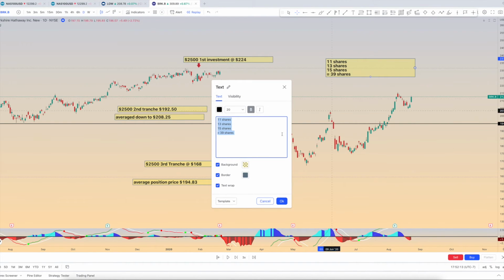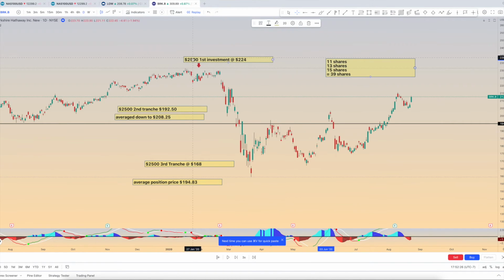Now, the way to get our average price, and again, most brokerage programs do this for you, right? You'll be able to see what you've averaged down to. But in this case, we have 39 total shares, okay? The total amount of money that we've invested here ends up being, let's just do the quick math right there, 224, we ended up buying 11 shares, right?